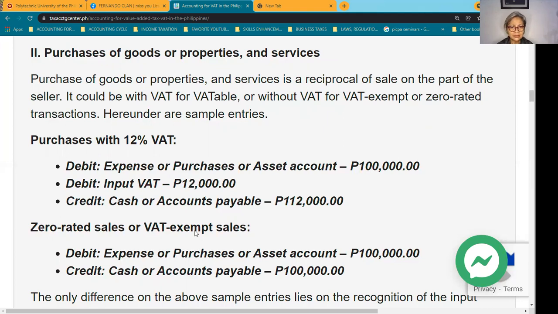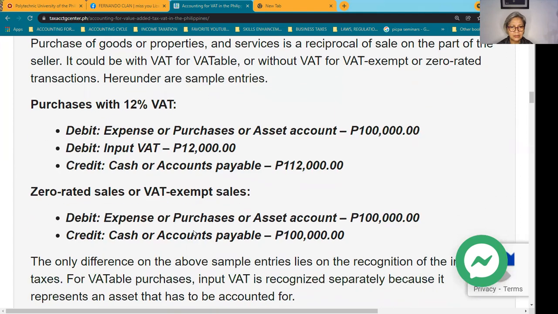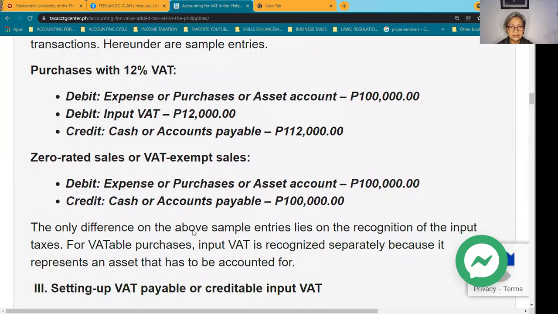For zero-rated transaction, debit expense, purchases, or asset account, and credit cash or accounts payable. Kasi walang VAT yung binilihan mo, edi wala kang VAT na babayaran.